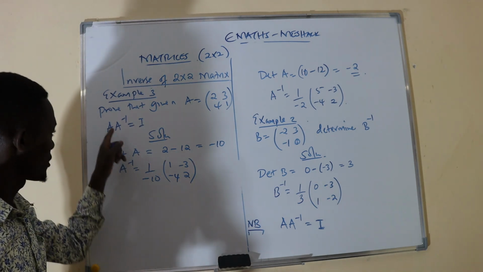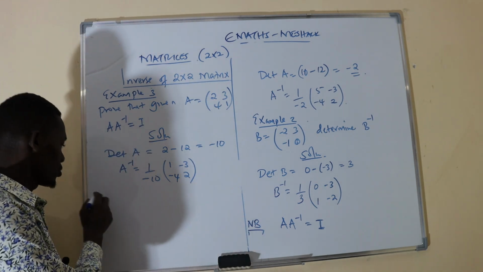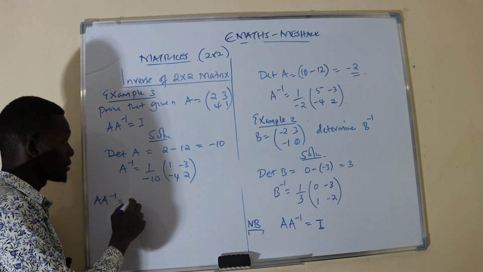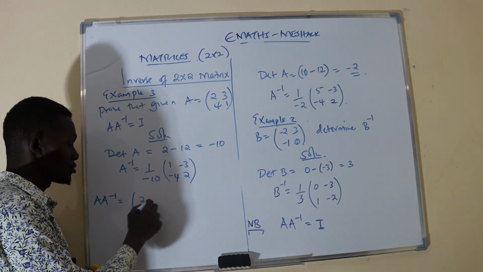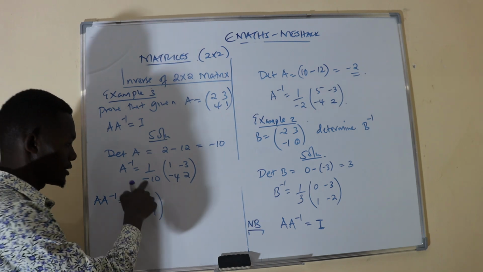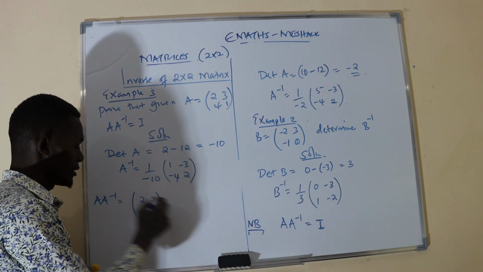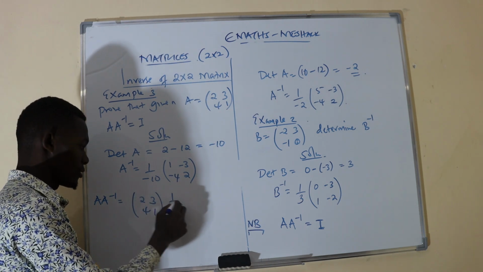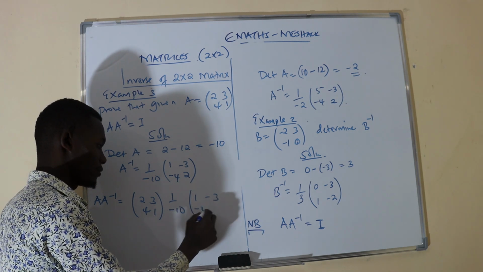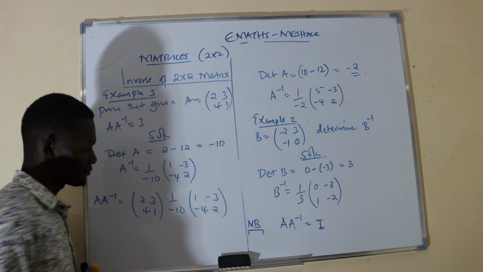Now I want us to multiply this matrix and this matrix: A and A inverse. So we have your matrix A, which is given by 2, 3, 4, 1. Then the inverse is this matrix here, 1 over negative 10 times 1, negative 3, negative 4, 2.